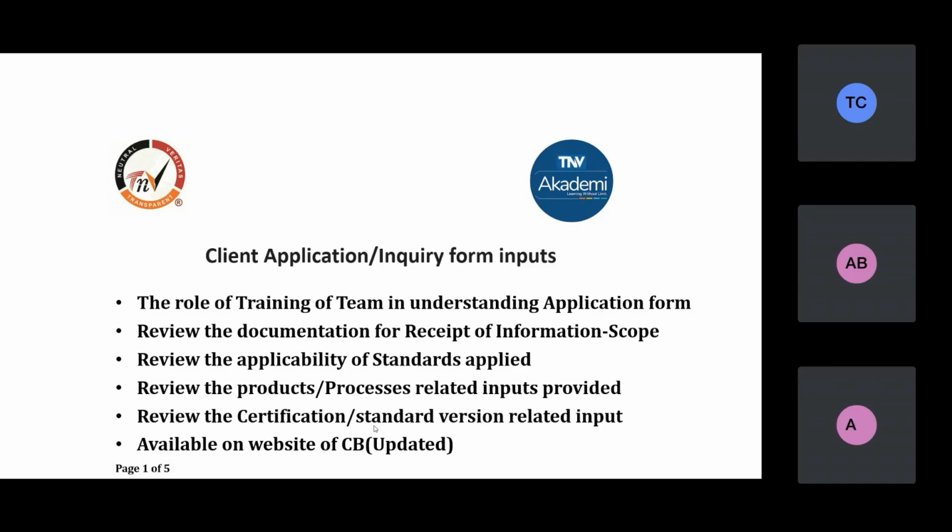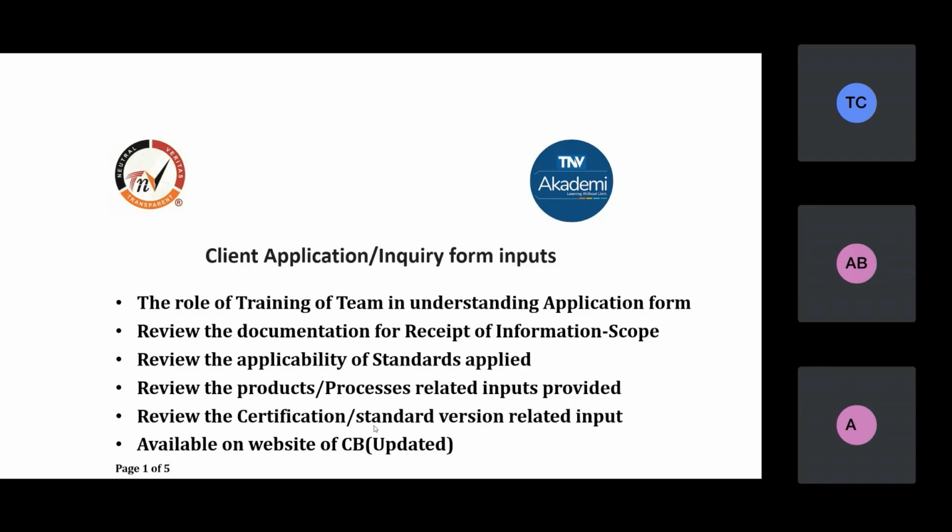Also, when we receive the application form, we need to review the applicability of the standard applied. That means at times the client is not aware of which standard, or how much of it, is going to be applicable. For example, when we talk of FSMS, there are different codes, A to J. The client is not aware of those details, but they just apply for certification.